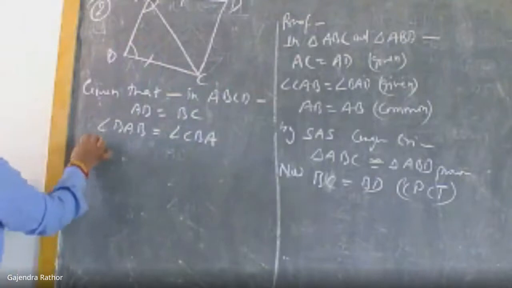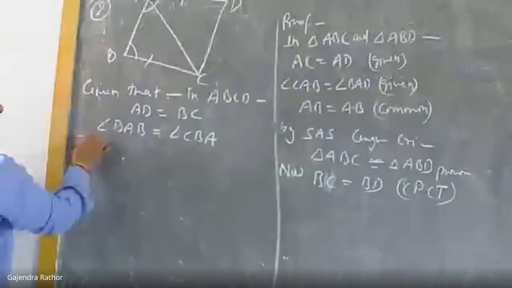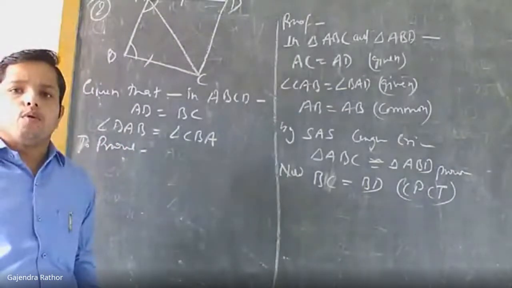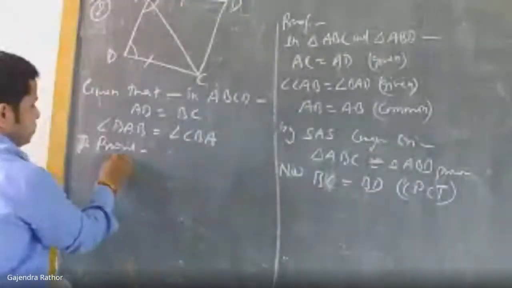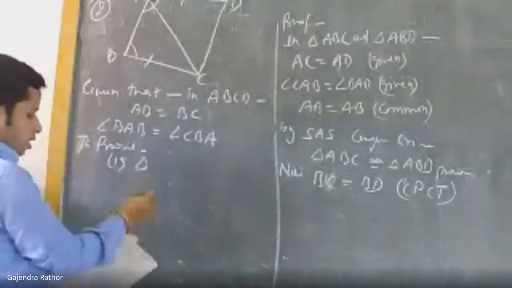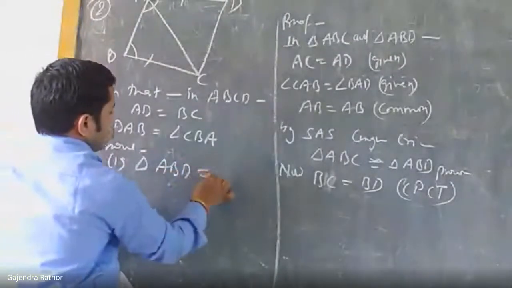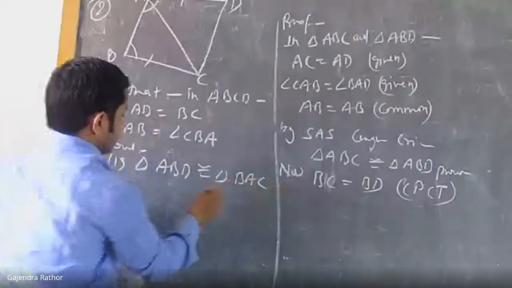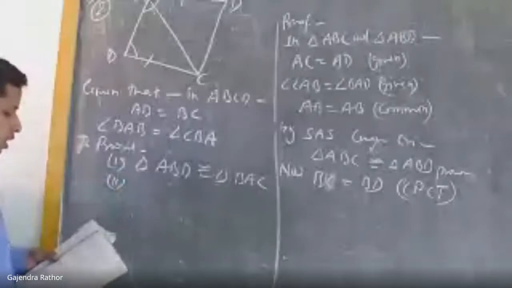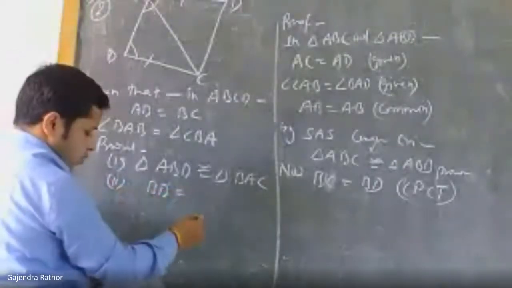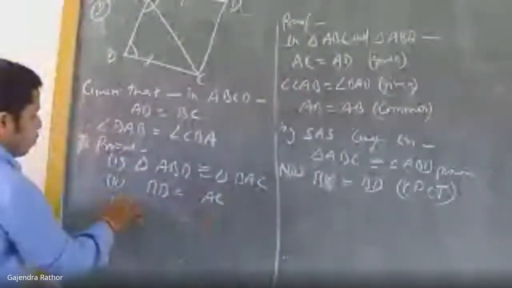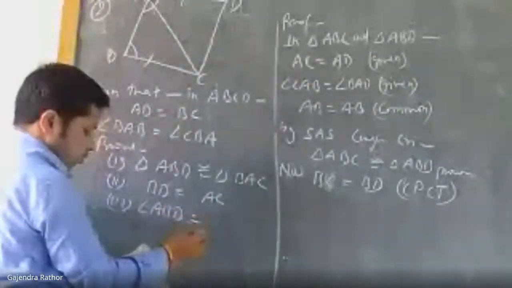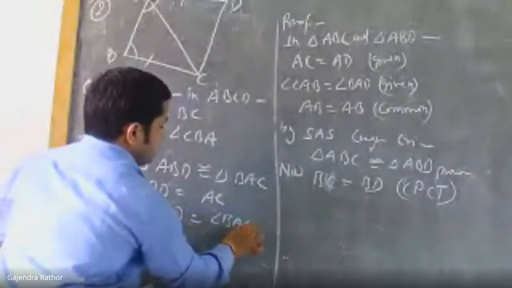Okay, to prove, there are three points we need to prove. The first point, triangle ABD congruent to triangle BAC. Second point, BD is equal to AC. Third point, angle ABD is equal to angle BAC.